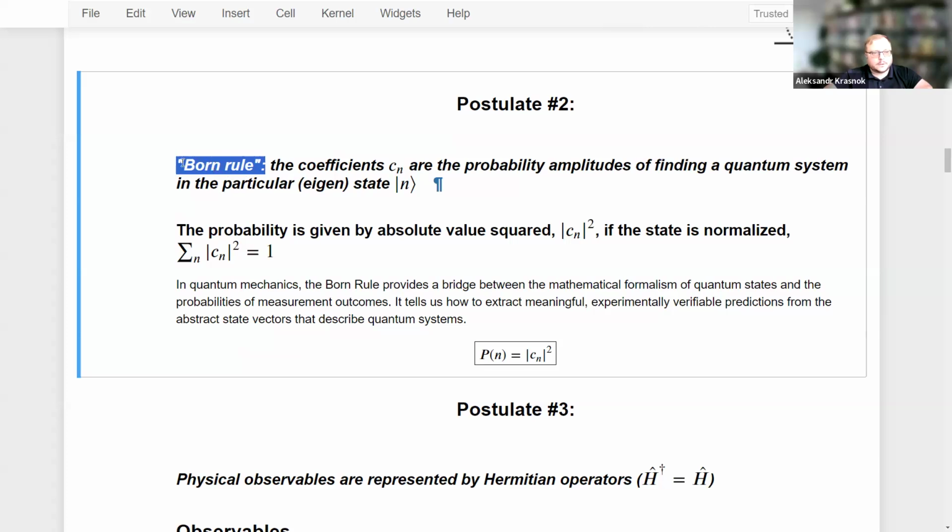Born was a great physicist, and he brought this connection between the math and the experiment. He said that these coefficients Cn represent the probability amplitudes of finding a quantum system in a particular state n. So it's probability amplitudes, not probabilities.